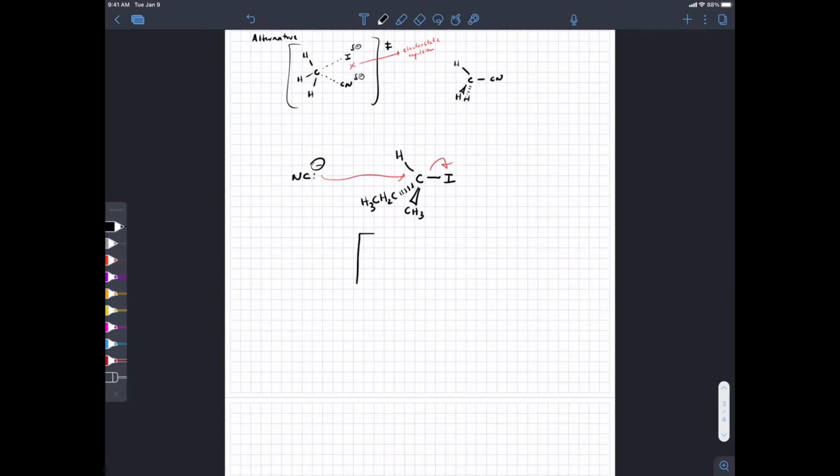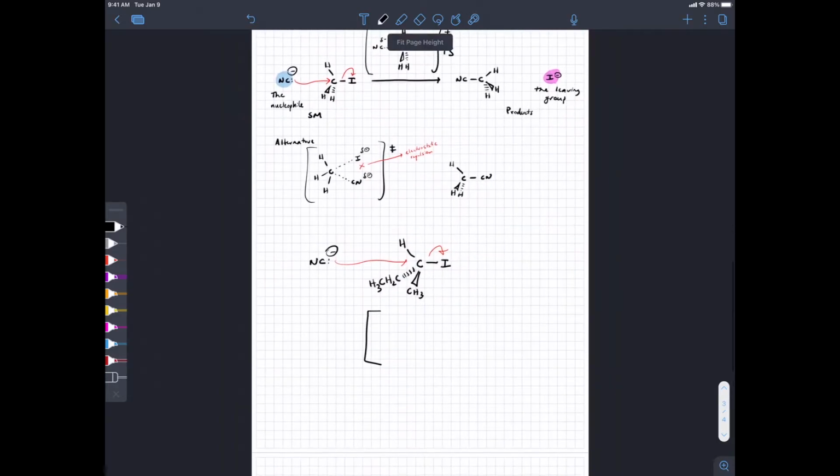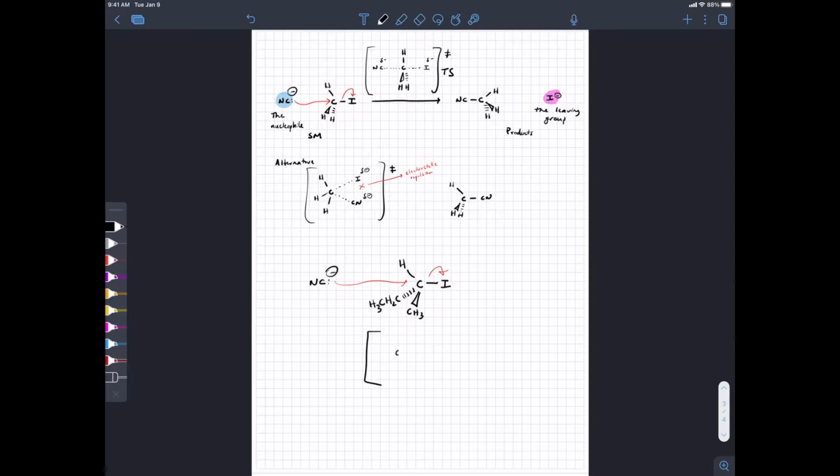The transition state, remember, for the concerted reaction has the nucleophile on this side, the iodide on the other side, and notice that the geometry of the carbon in the middle is roughly trigonal planar. It was above, and presumably it's something similar to that down here.